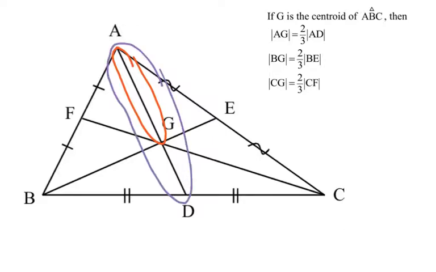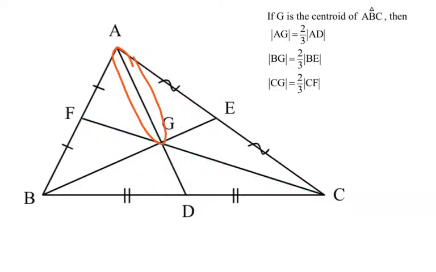Or another way of looking at it is that this length here has a 2-to-1 ratio with the shorter length here. And that applies to all medians. The longer side, you'll notice, is the one that comes from the vertex here, and the shorter side is the other side of the centroid, which then goes on to intersect with the opposite side. So that's what we're going to seek to prove today.